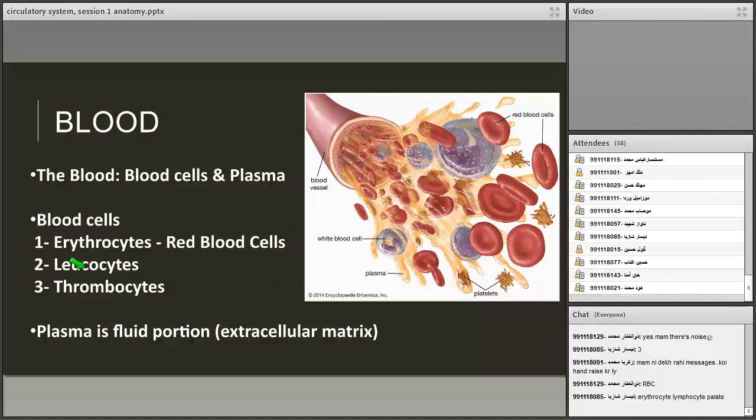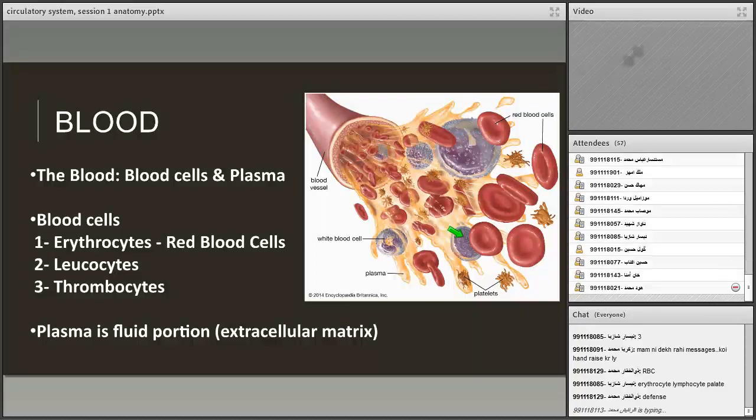The next kind of cells are the leukocytes. Leukocytes are the white blood cells. There are many kinds of leukocytes, and they have the responsibility of the immune system. The leukocytes have responsibility in the defense and also in the immunity.